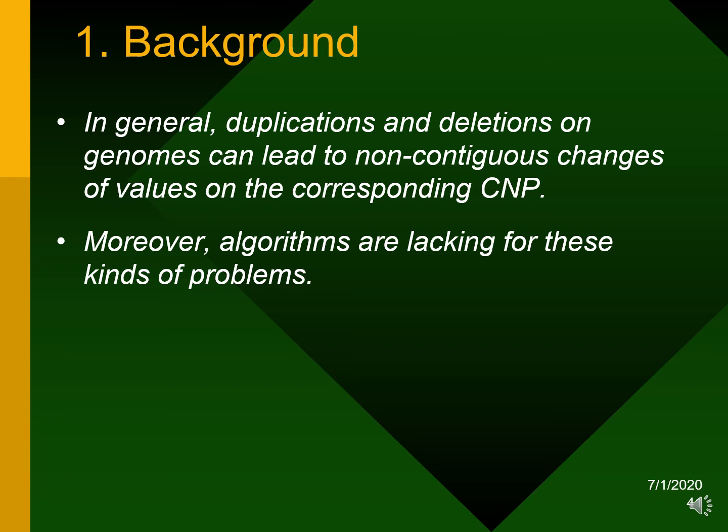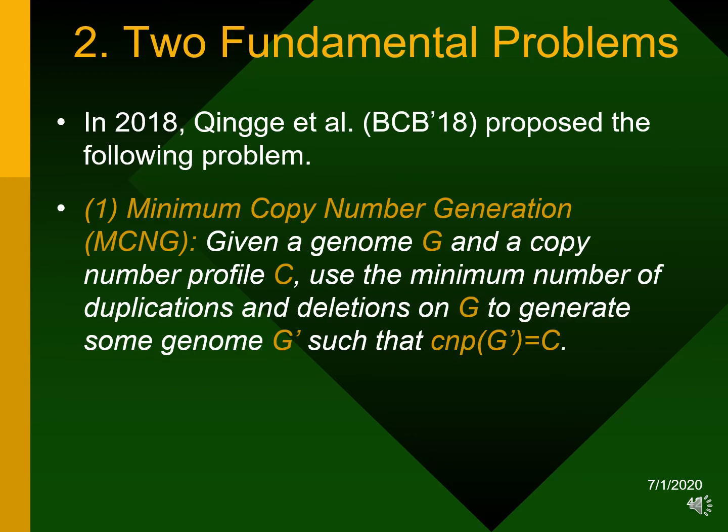Anyway, in general, algorithms are lacking for this kind of problem. You will see this a little later when I talk about the new problem. In this part, we investigate 2 fundamental problems. The first one is called MCNG, which first appeared in ACM-BCB 2018.